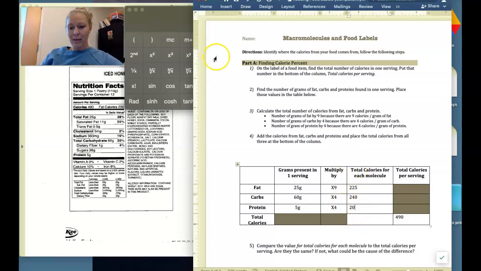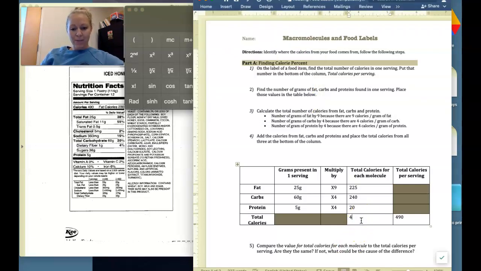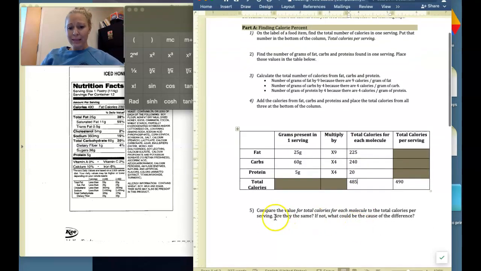If we add these up, 225 plus 240 plus 20 gives us 485 calories. Now let us compare, step 5, the total calories we calculated to the total calories per serving. There's a 5 calorie difference.